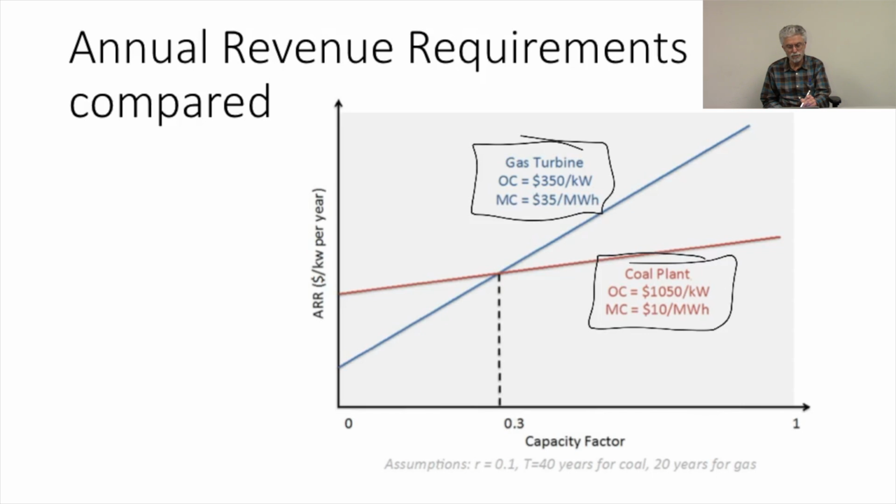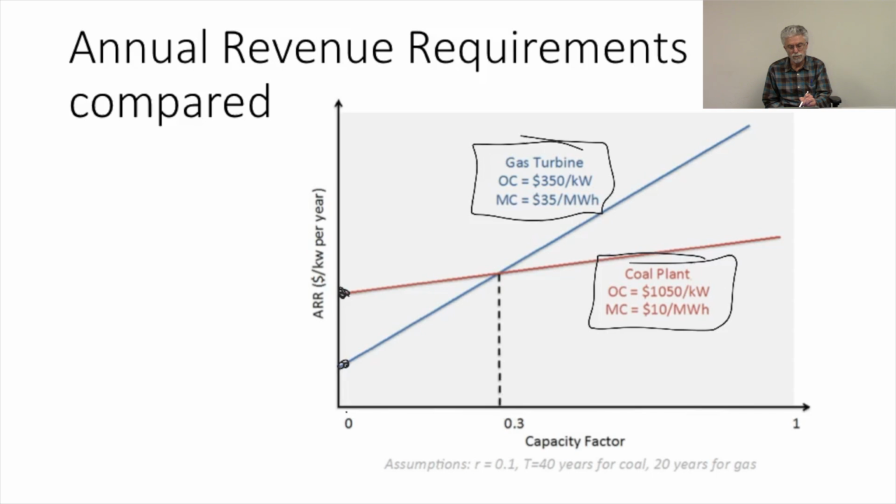And so zero capacity factor is really just the capital cost per megawatt hour of building the plant in the first place. So for a gas turbine, at a very low capacity factor, the capital cost is low, so the annual revenue requirement to cover the capital cost of the plant is also very low. At very low capacity factors, the annual revenue requirement is going to be lower for power plants with low capital costs.